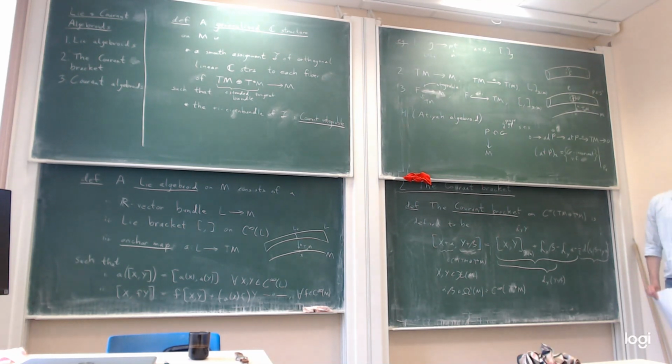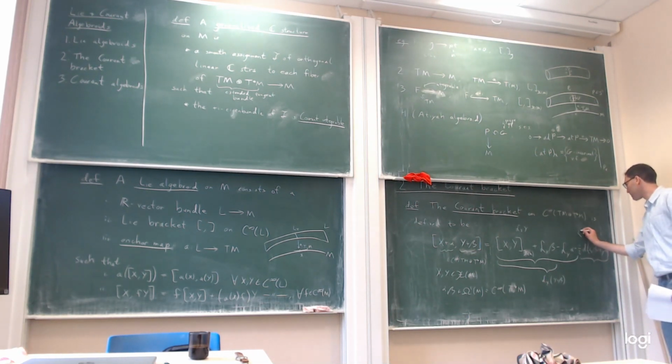There are some things maybe to notice about it that might make it more plausible. This term in brackets is the canonical antisymmetric bilinear form on the extended tangent bundle of M. So that's x plus alpha, y plus beta.